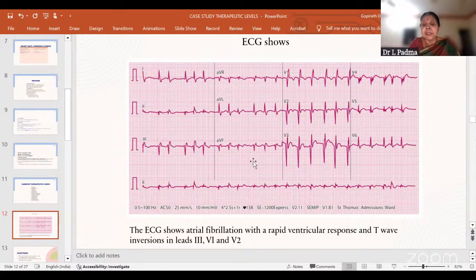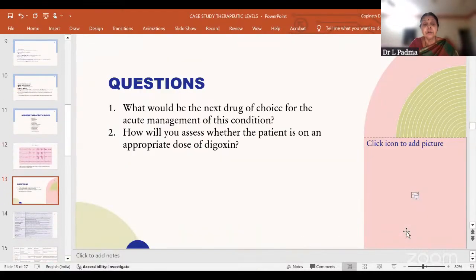Then again in aVF we see T wave inversions here. And then V2 also we see them very clearly. So here you have to be aware that the patient has all of them. You have to be careful in seeing these things and then admitting or thinking about the future drugs, what we really can do.